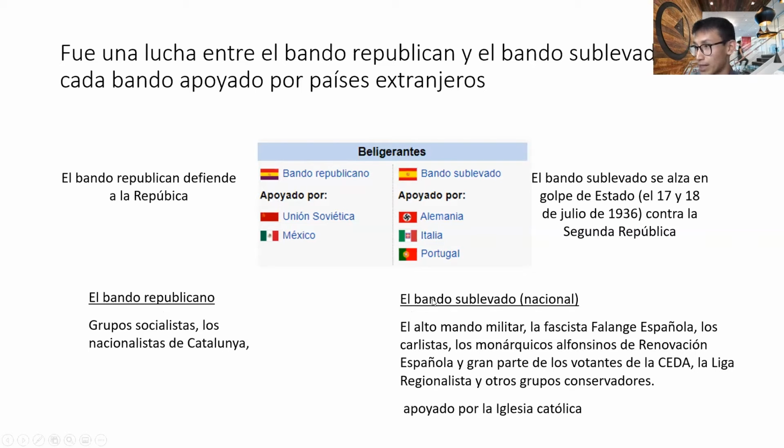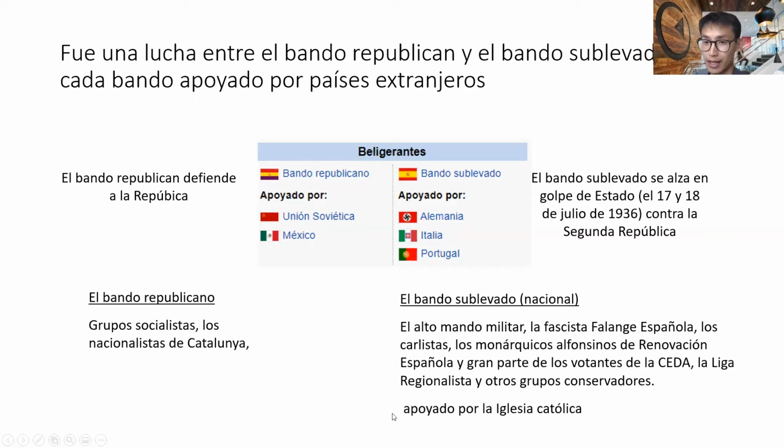It was led by a lot of right-wing groups: the military, and then fascist groups. I'm not going to go into details, but you have Los Falanges, Carlistas, and some of the other groups as well. It was also supported by the Catholic Church.